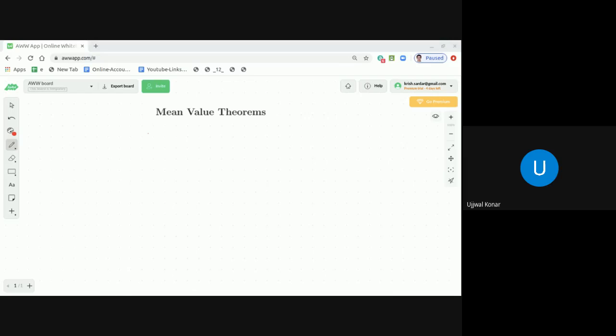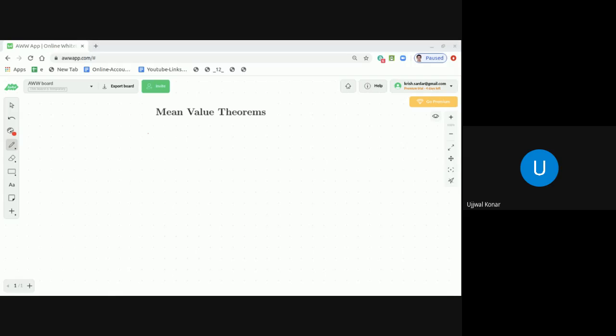So let us first try to understand one particular theorem, and then we will discuss more with a graphical representation. So dear students, the first and foremost thing we are going to discuss is called Lagrange's mean value theorem.